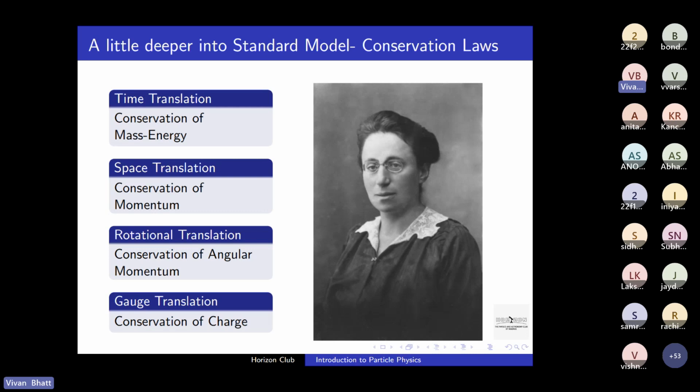These are all continuous symmetries. We'll look at discrete symmetries also later on, but right now we're just looking at continuous symmetries, as and when there is a continuous change happening. It does not have to be discrete. So there is a continuous transformation which can take you from one coordinate system to another.